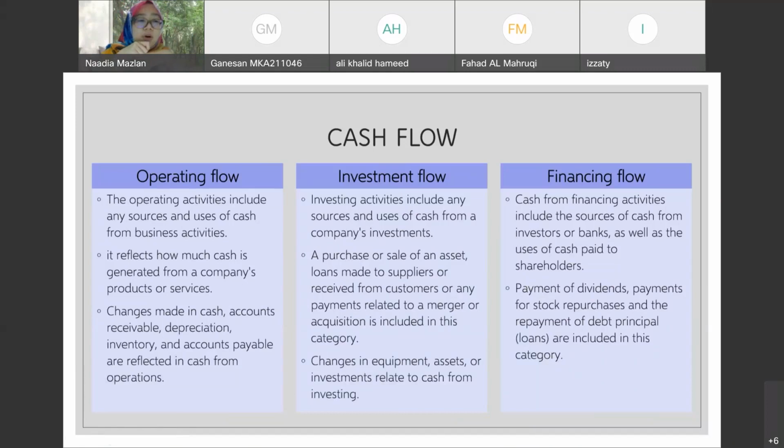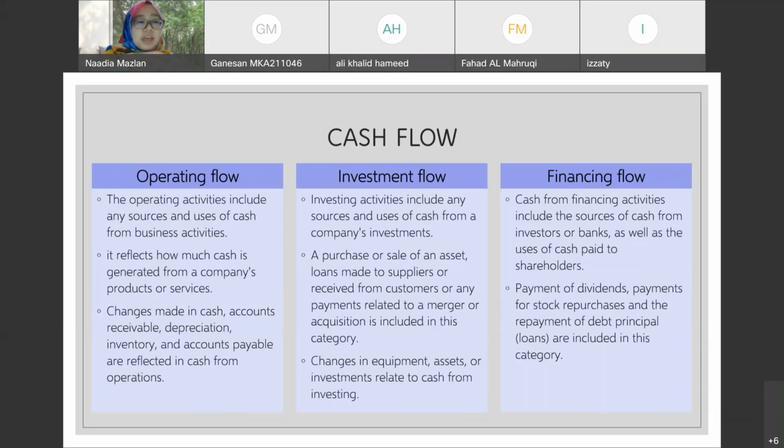So operating flow is the operating activities, which include any sources and uses of cash. When we talked about pro forma just now, we talked about investment and other things that might or might not be cash, but cash flow is anything that has to do with cash and cash only.